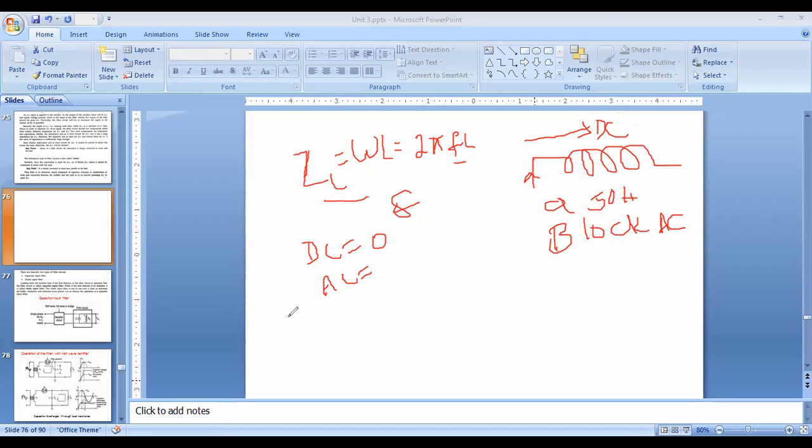Similarly, for the capacitance, XC or ZC is equal to 1 by 2 pi f C. With frequency f equal to 0, it becomes infinity, so it provides infinite impedance, which means the capacitor blocks the DC.